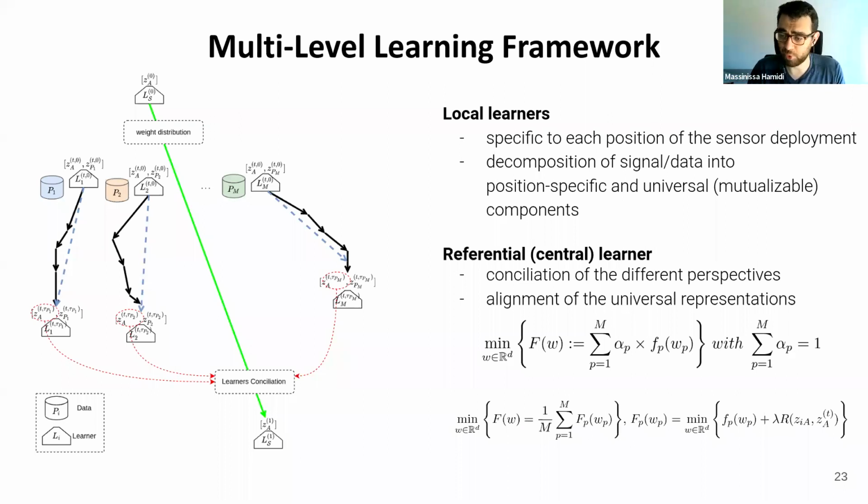So what we propose here to deal with this problem of divergence between the local learners is to impose a regularization term. So we impose that the universal components that are learned at each local learner have to be the same at the end of the day.